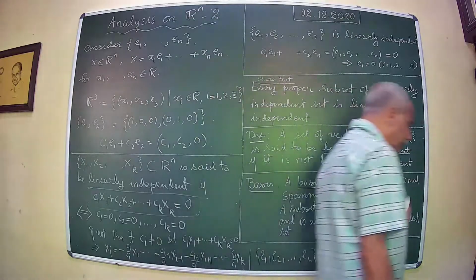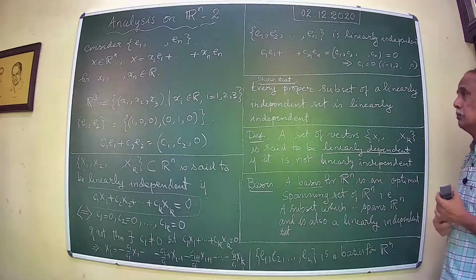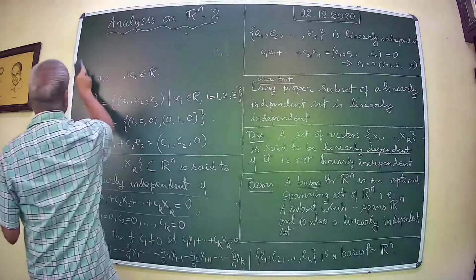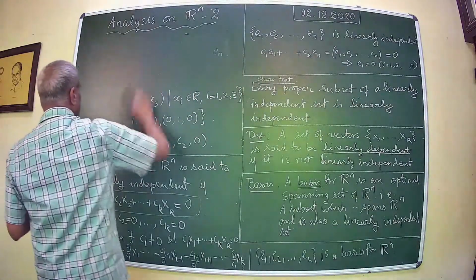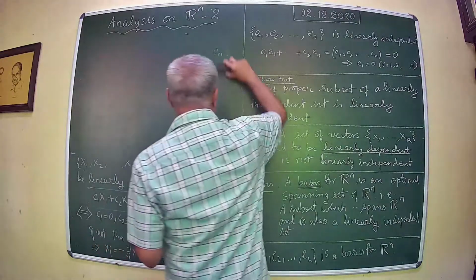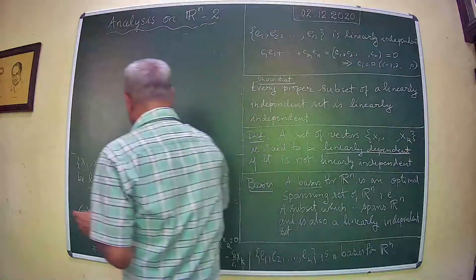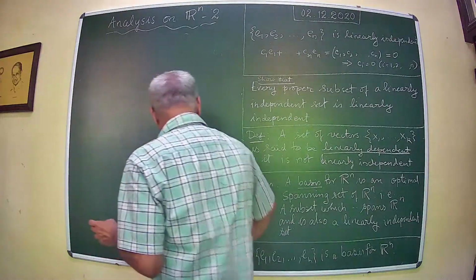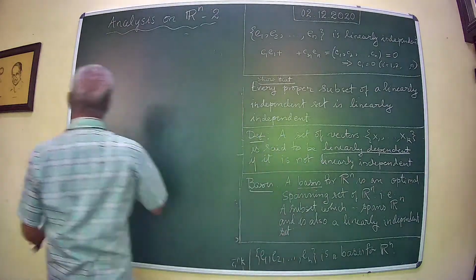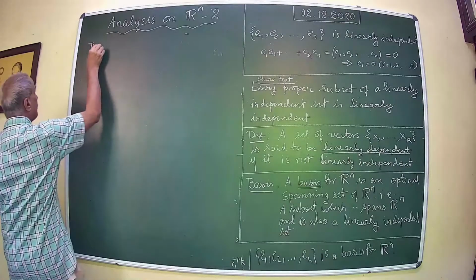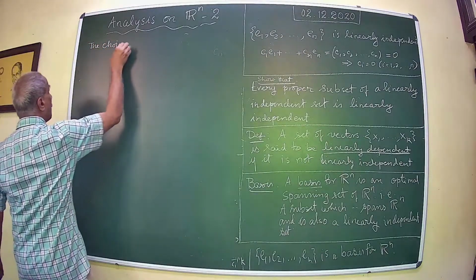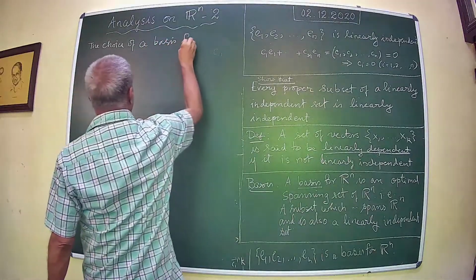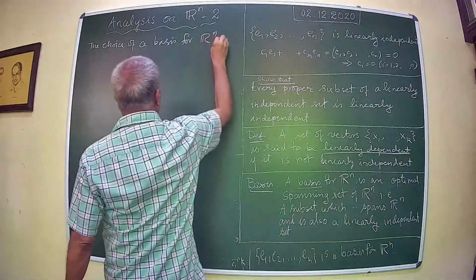Now what one can prove is the following. There are other sets which form a basis for Rn. So the choice of a basis for Rn is not unique.